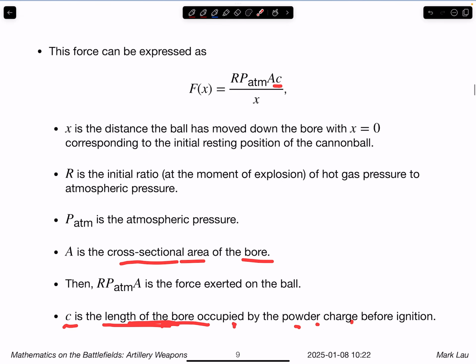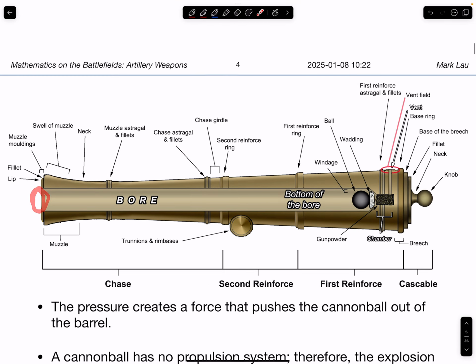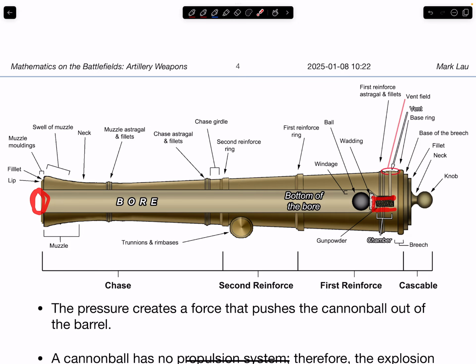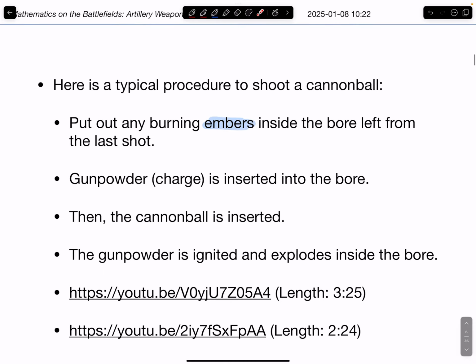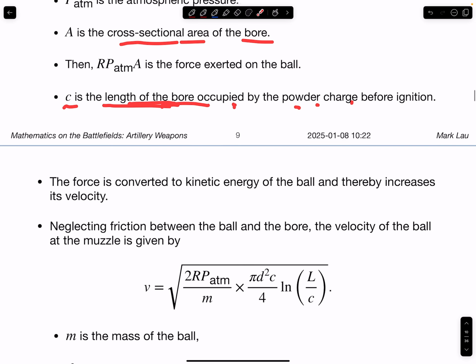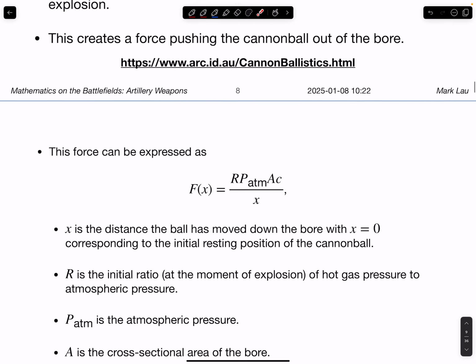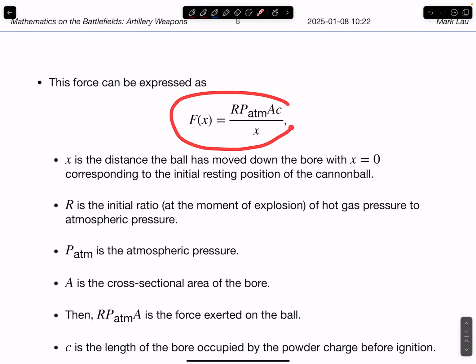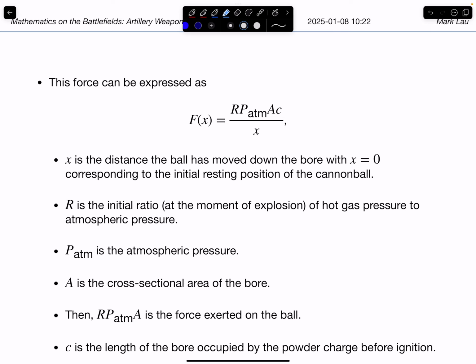Oh, okay. So basically this particular length is C, the chamber length. Okay, got it. The force is, but I think I have to memorize this formula, unfortunately. Okay, then we just highlight this.